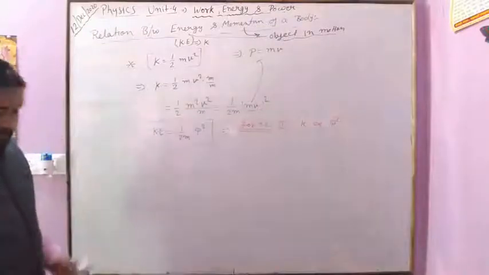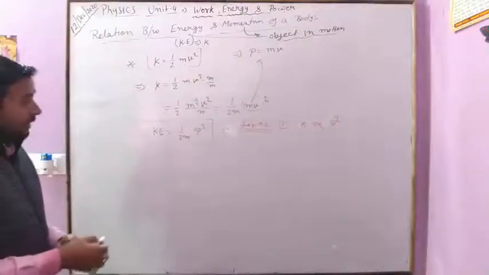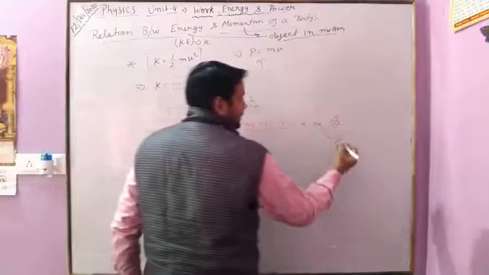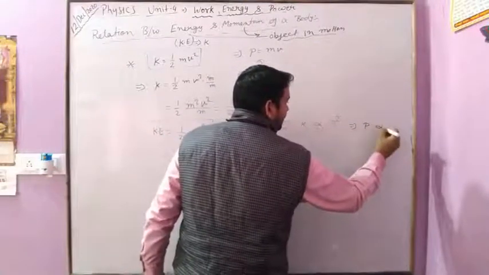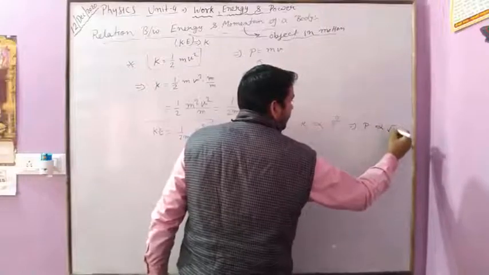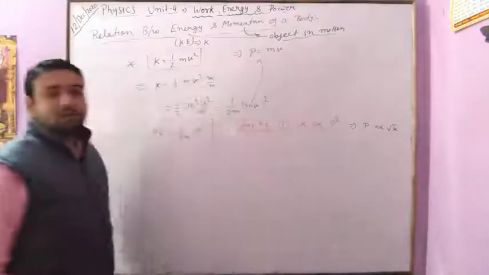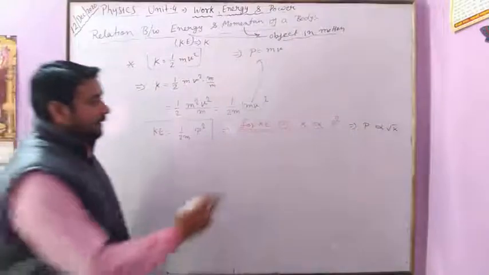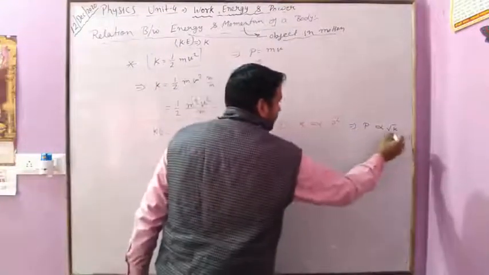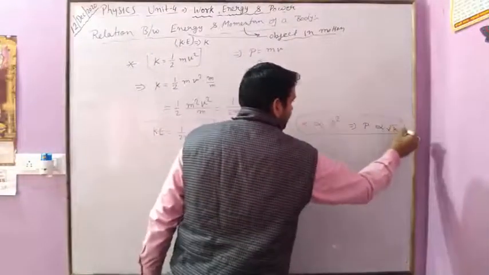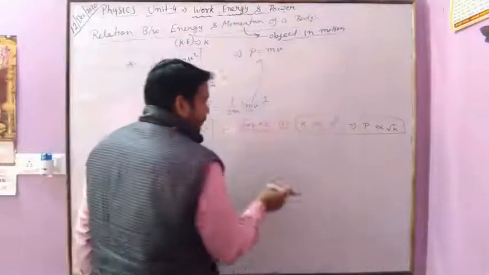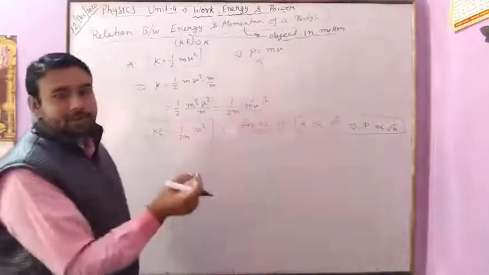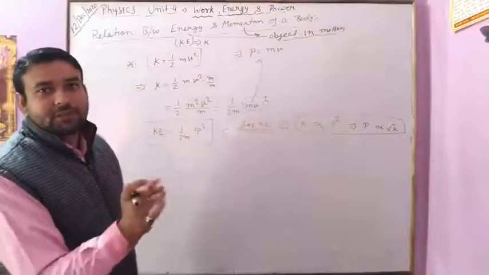Clear or not? When you compare it like this, you can also say the momentum is proportional to the square root of the kinetic energy. This is your first relation for correlating the energy and momentum as per the given situation in the numericals.